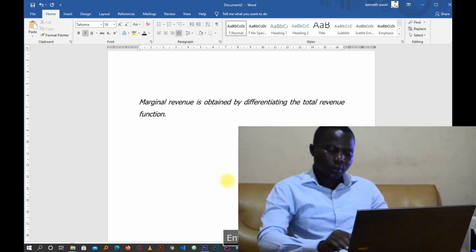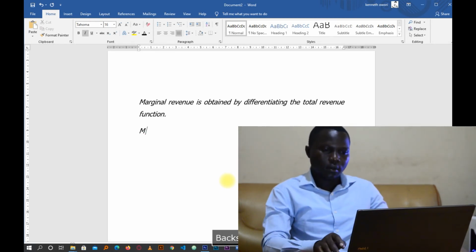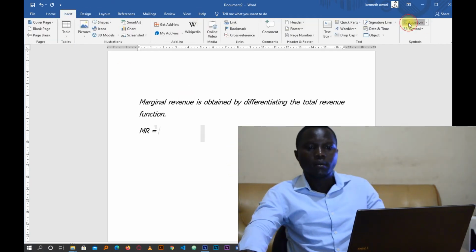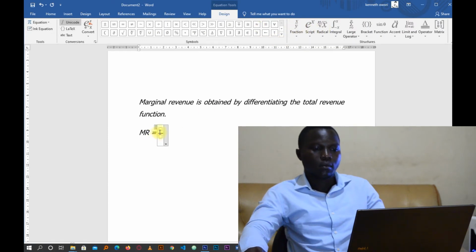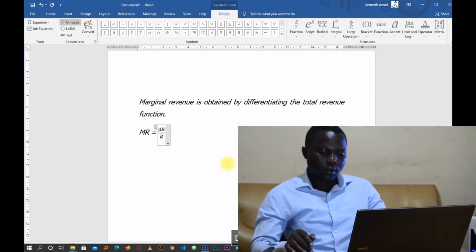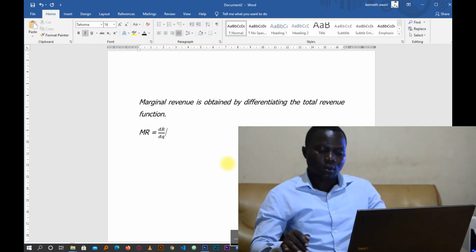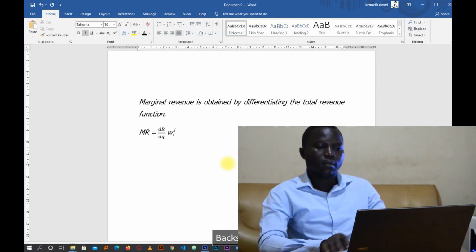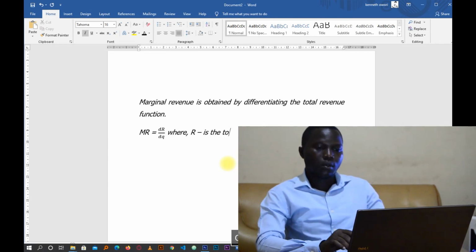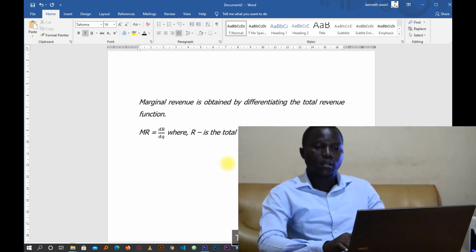So marginal revenue MR is equal to dR/dQ, where R represents the total revenue and Q represents the units of output produced.